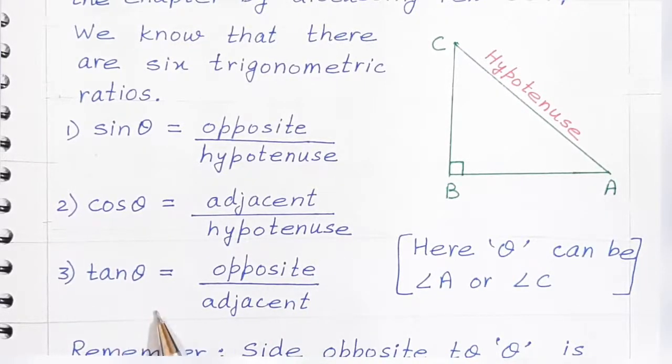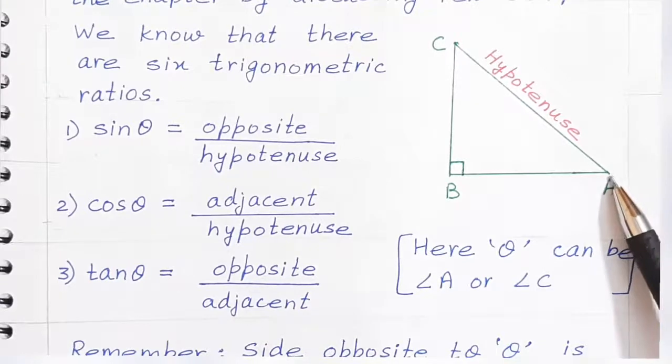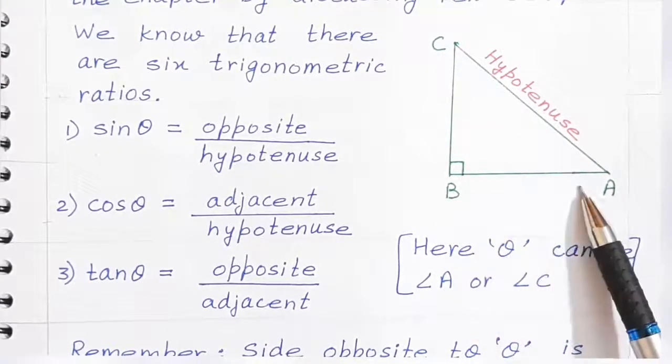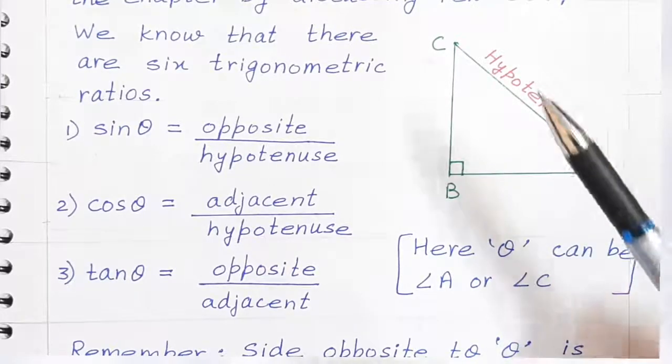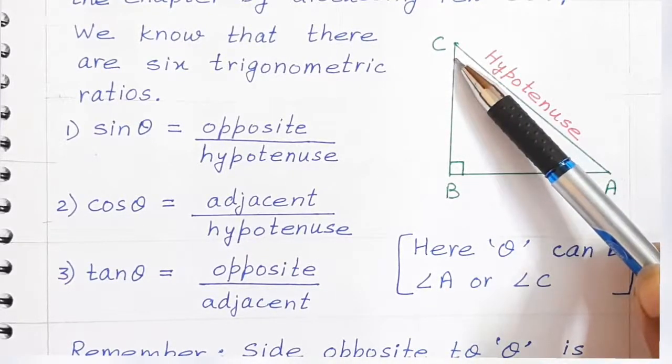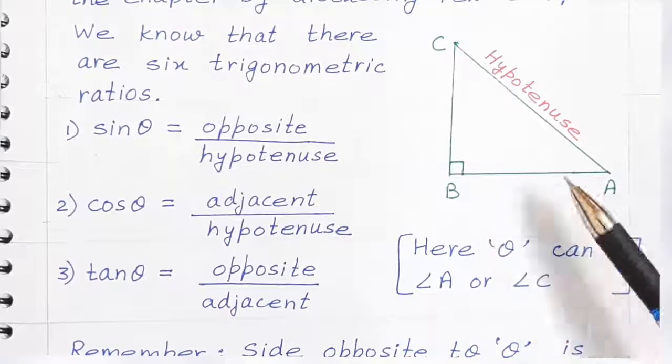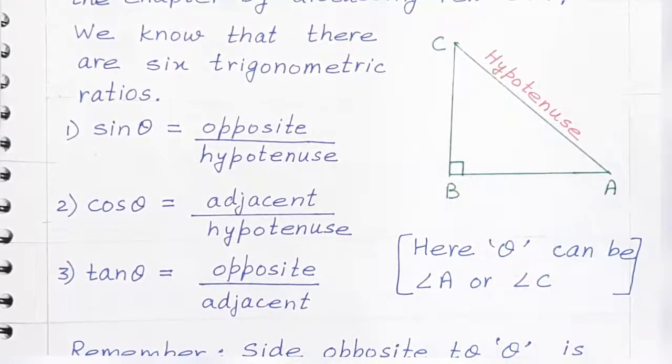So tangent theta is opposite upon adjacent. That means tangent A is equal to BC upon AB and tangent C will be equal to AB upon BC. I hope it is clear to everyone.